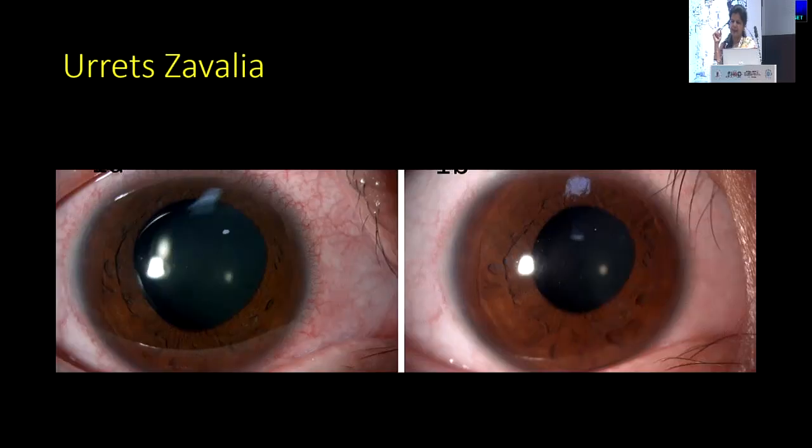Now, this is another patient, a very rare phenomenon, but I learnt about it after I went through such a complication. So this is Urrets-Zavalia syndrome. The patient was normal on the first post-operative day. Regular patient, nothing abnormal in the procedure or in his refraction or in his eye. And then he comes back on the third day with severe pain and slight blurring of vision.